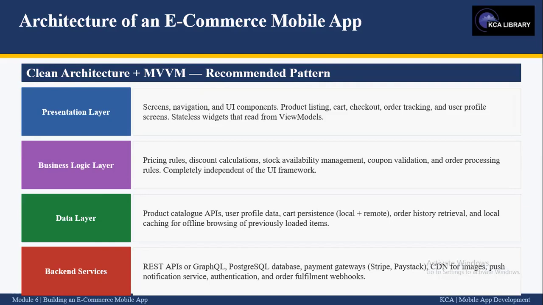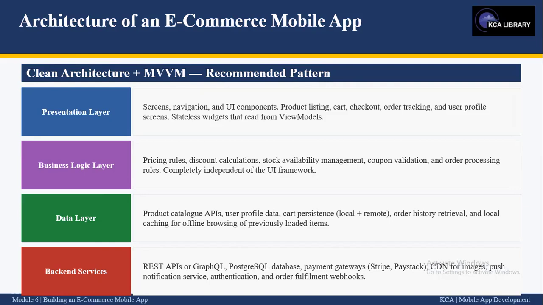For the presentation layer: screens, navigation, and UI components, including product listing, cart, checkout, order tracking, and user profile screens, as stateless widgets that read from view models. For the business logic layer: pricing rules, discount calculation, stock availability management, core validation, and order processing rules, completely independent of the UI framework.